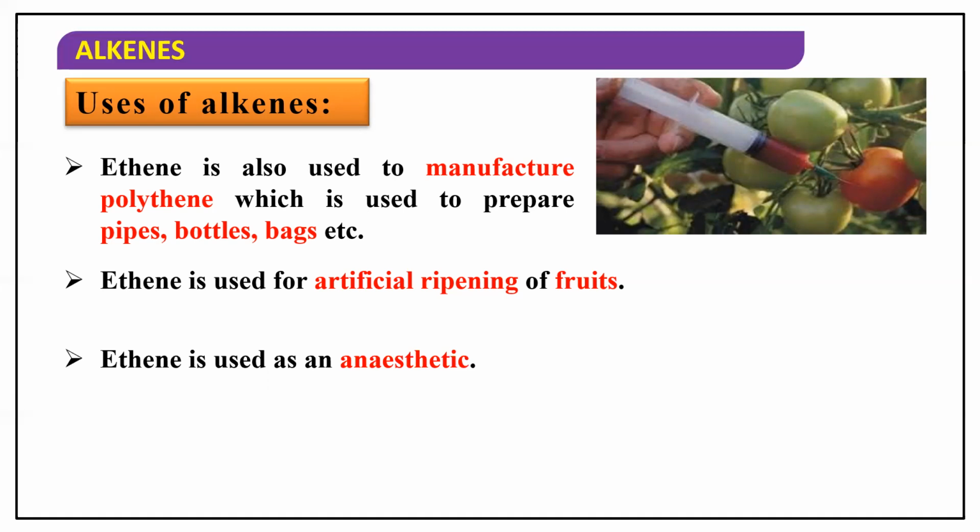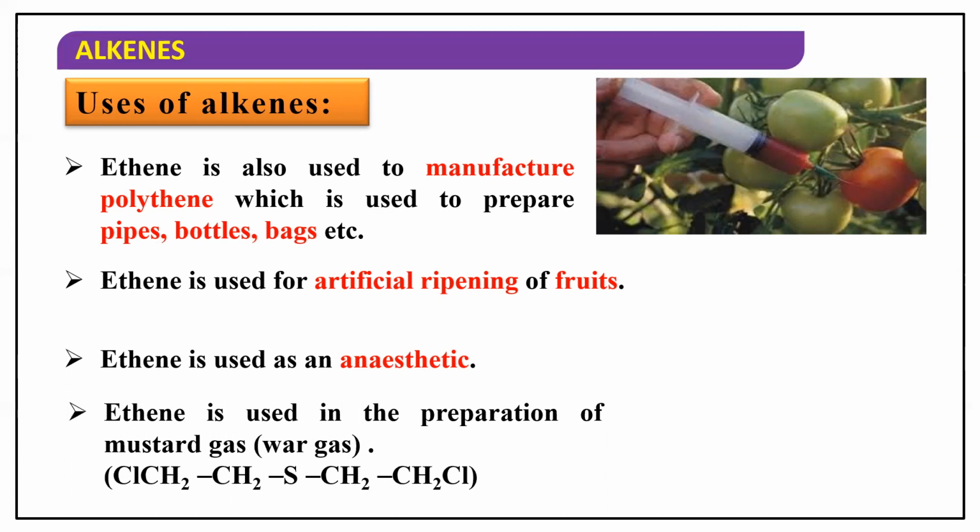And before doing that, he gives you an injection, which is called anesthesia. So an anesthesia is something which will enable you not to experience pain. It will numb that particular portion wherever the injection was given. You will experience zero pain, which is very important, right? So it's used also as an anesthetic.